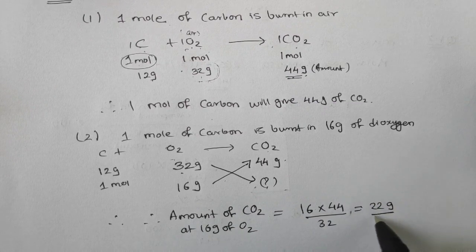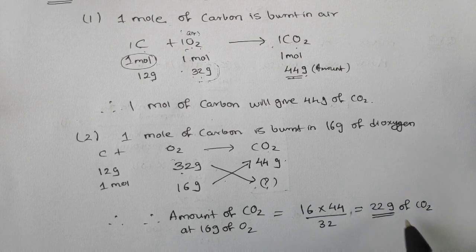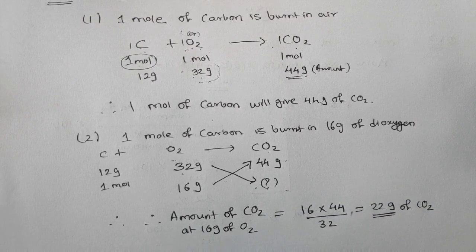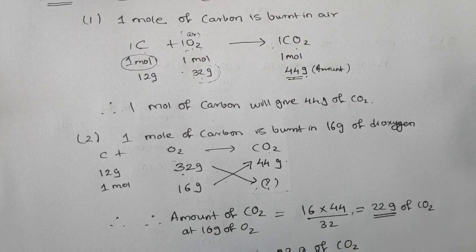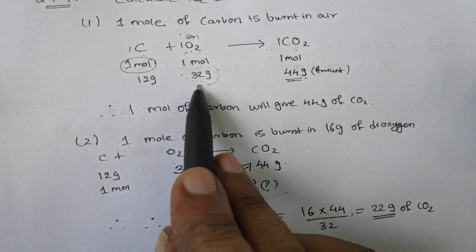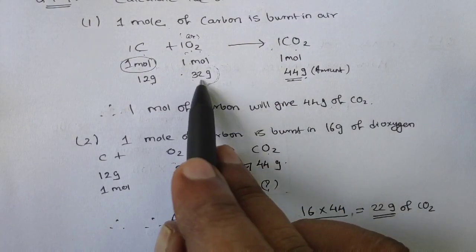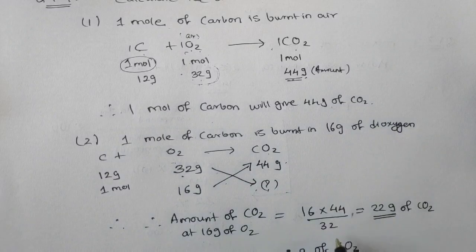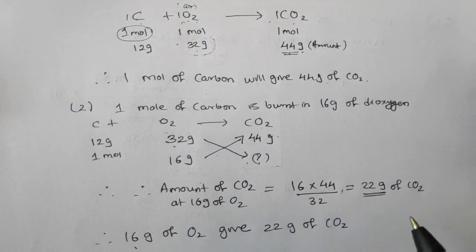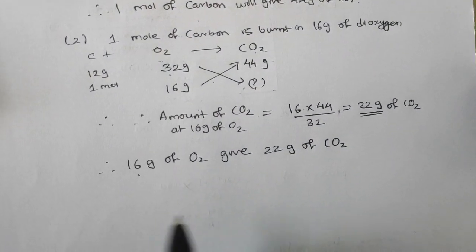So 16 gram of O2 gives 22 grams of CO2. You can easily make out: 32 was there, 44 grams you got. Now half of 32 is 16 and half of 44 is 22. Simple. Okay, now the next one.